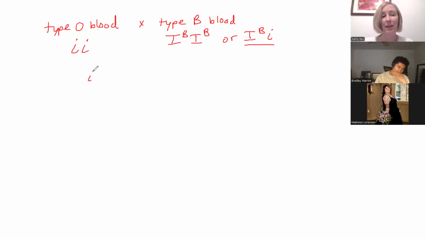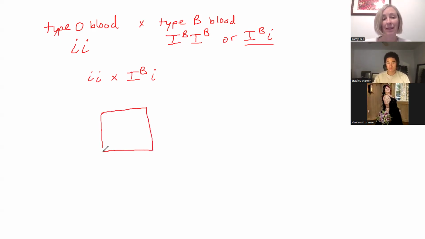So our two parents are going to be two little i, type O, and type B with a B and a little i. So those are our parents, and we want to see what the probability of the particular offspring would be.